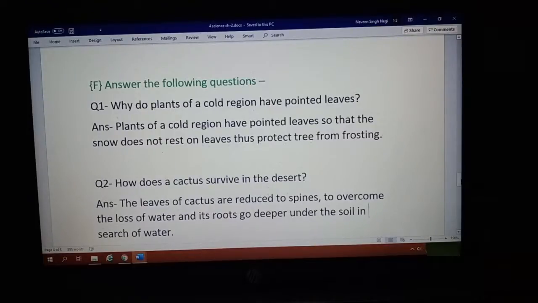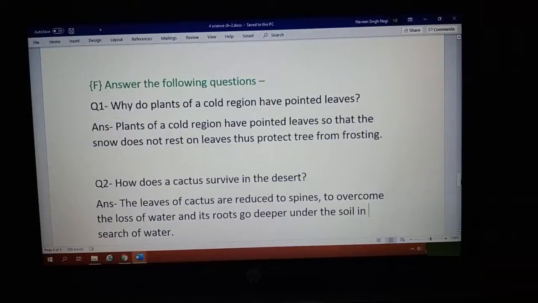So students, we are moving towards Section F of the question answers. Section F is Answer the following questions. Means here some questions are given to you and you have to write the answers of these questions.